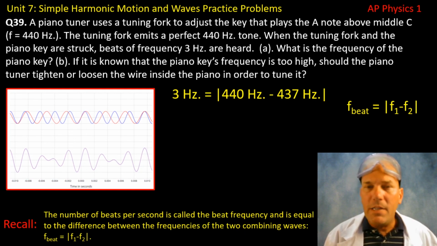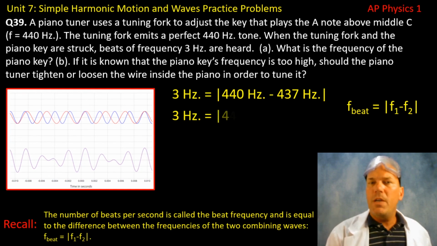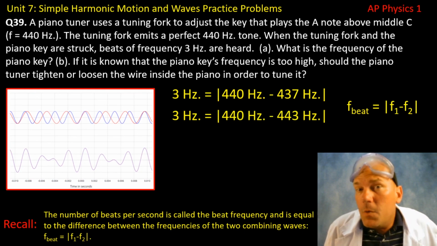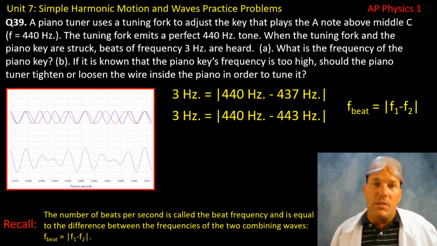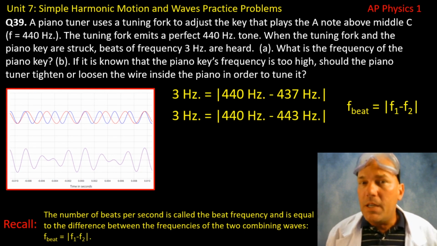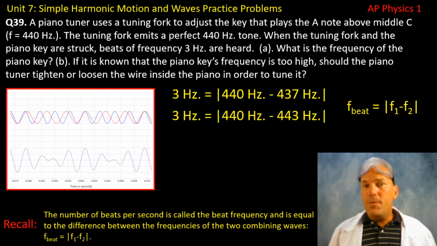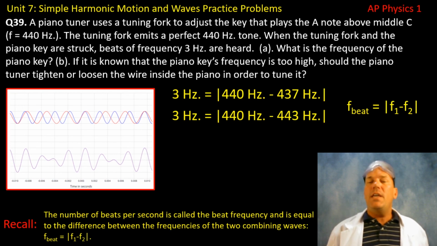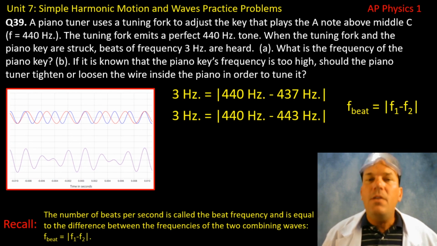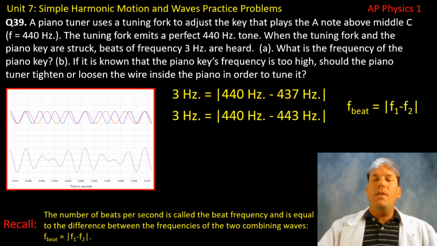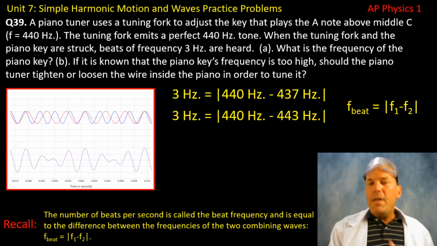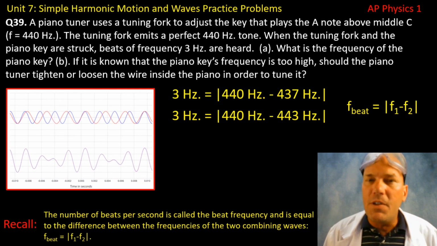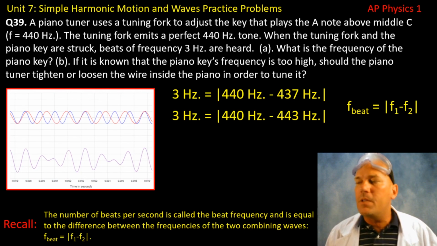However, there's another answer here. So we have 3 hertz being now equal to 440 minus 443 hertz. That's going to also give us an answer of 3 hertz. So we don't know if the answer is 437 or 443. So we have to always take the absolute value when calculating the beat frequency.